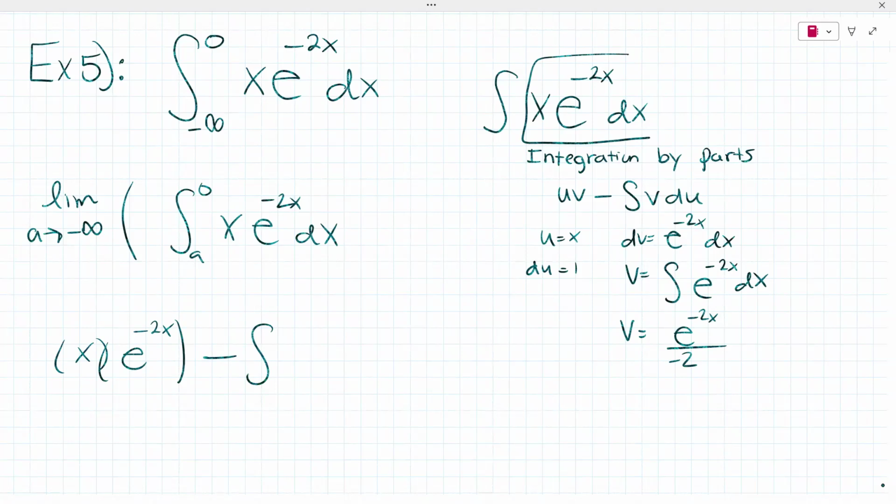So my v, we said that the integral is this, or you could think of it as negative 1/2 e to the negative 2x. So you have a constant, so you could say minus 1/2 e to the negative 2x dx.